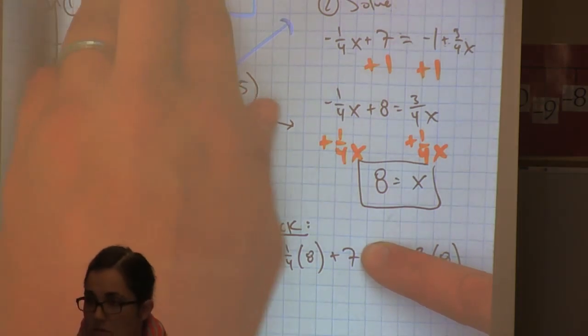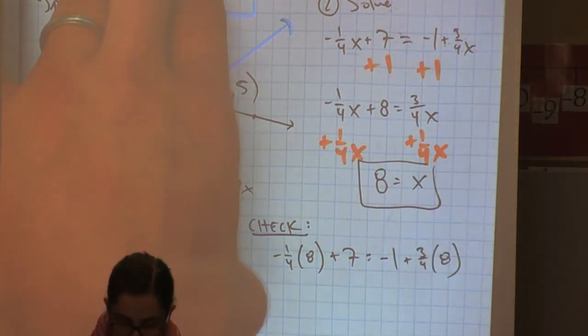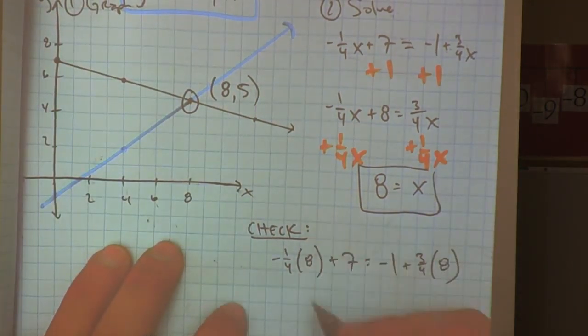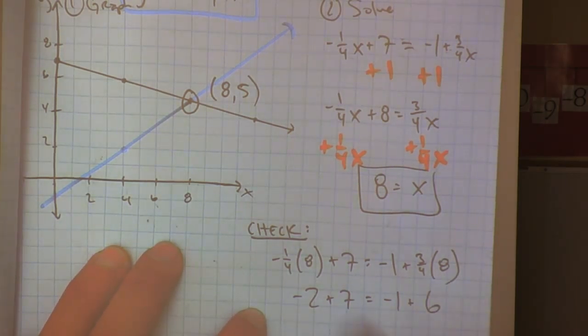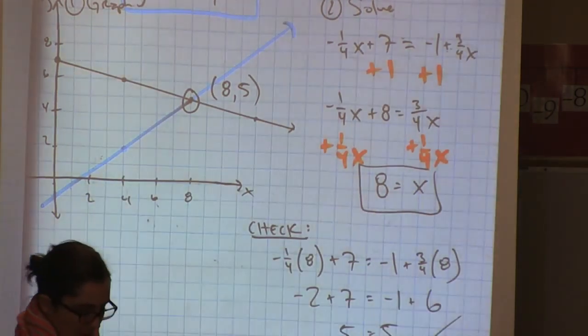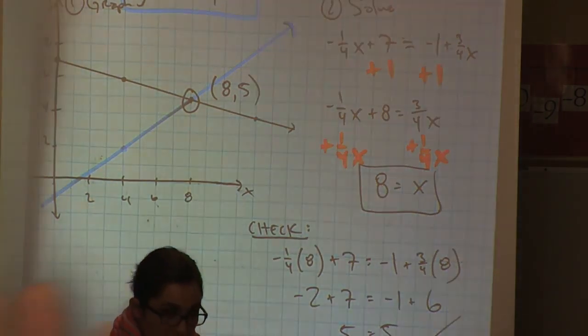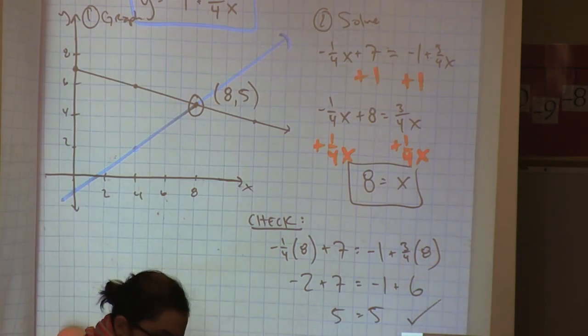It's really just solving for the other y, which is why, Jolie, you're right that you get whatever you get. So -2 plus 7, I'm checking, is that -1 plus 6? What's -2 plus 7? 5. We get 5 equals 5. That's true.